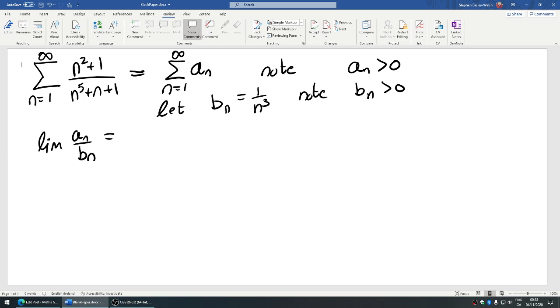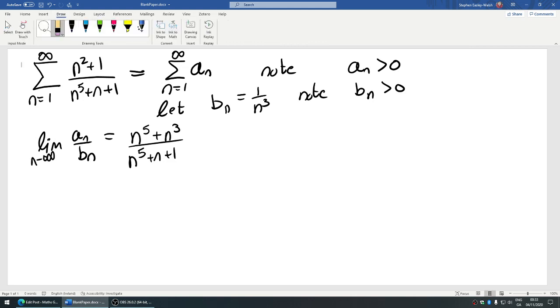So this divided by this would be n^5 plus n^3 over n^5 plus n plus 1. So dividing by Bn, which is 1 over n cubed, is like multiplying by n cubed.